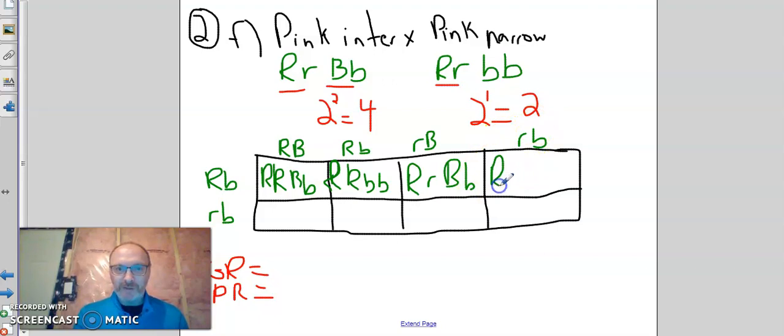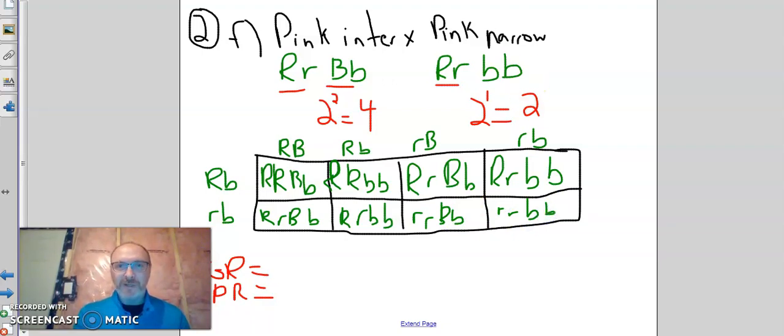And we've got big R, little b. Keep going here. Big R, big B, little b, big R, little b, and then little r. Hopefully you can kind of guess what I'm going to say before I say it. And then little r, little b.